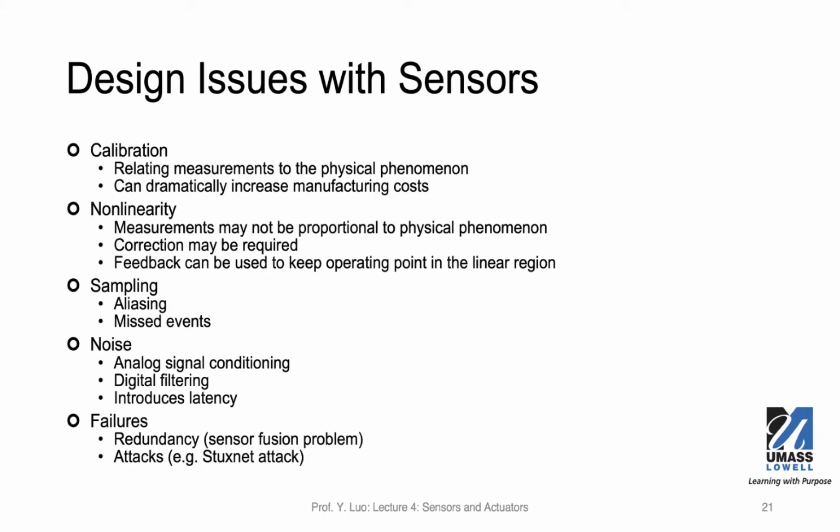To address those problems, digital feedback can be used to keep the operating point in the linear region. We're going to talk about sampling and aliasing shortly. Also noise and other challenges.